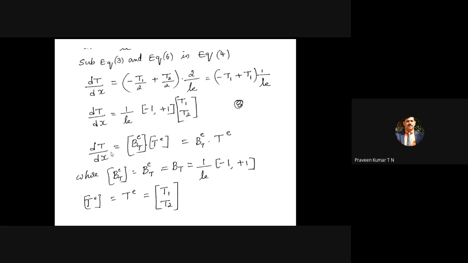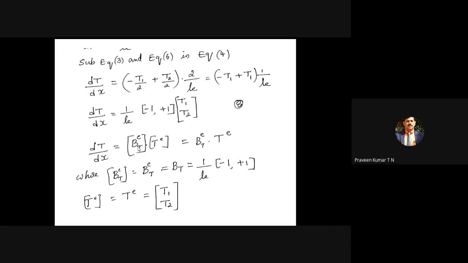We have dT by dx is equal to B transpose T. B transpose of the element you are talking about, you are deriving the B matrix, not transpose. The T refers to temperature or thermal, because already we have one B matrix for the bar element.